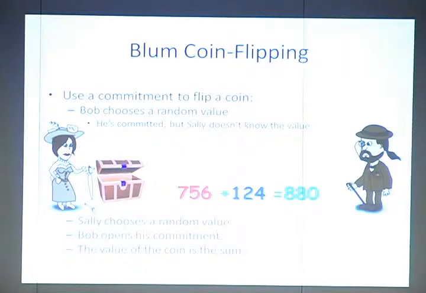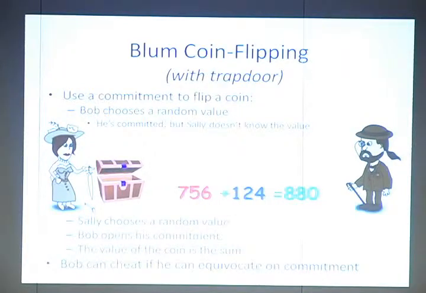So if Sally didn't know what Bob's coin was, then no matter how Bob fixes the coin, if she chooses a random value, this is going to be random. And in the same way, if Bob doesn't know what Sally is going to do, then no matter what he puts inside the coin, this is still going to be random. So none of them can cheat. This is a fair coin flipping protocol.